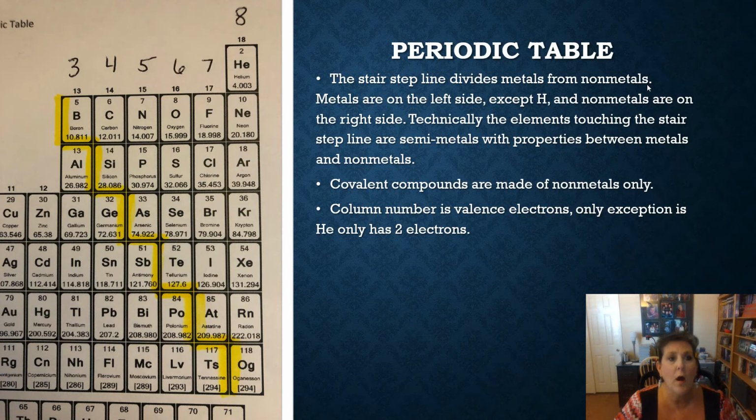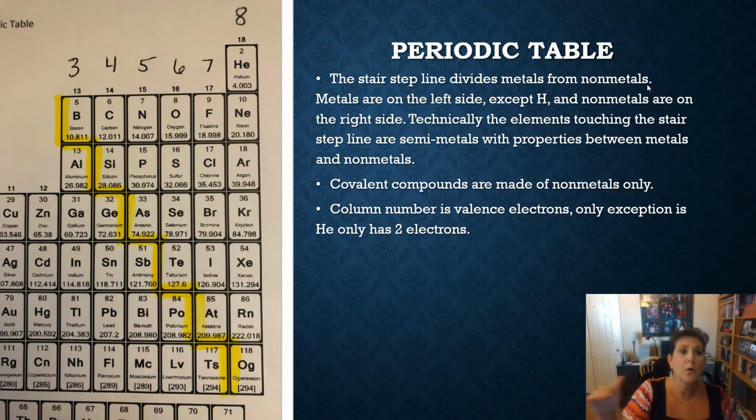Then I also want us to add in the stair-step line. I did mine with a yellow highlighter. You can do yours with a colored pencil or a highlighter. Notice I start on the left side of B for boron. Color that in.